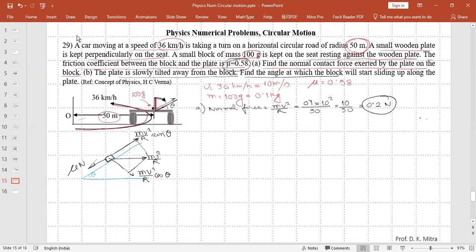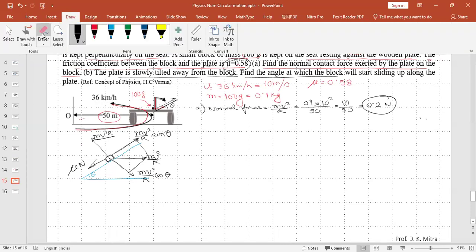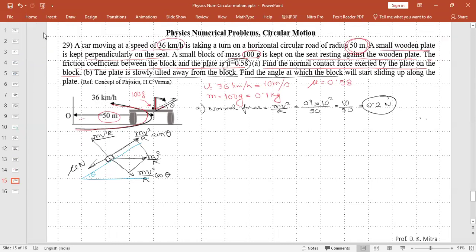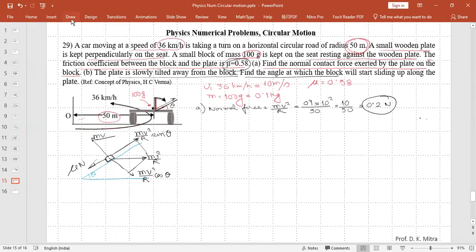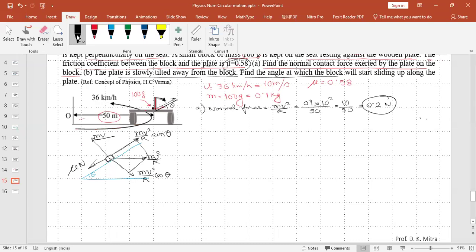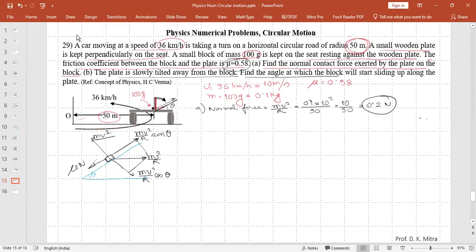And what is n? N is nothing but the opposite force of mv square by r cos theta.